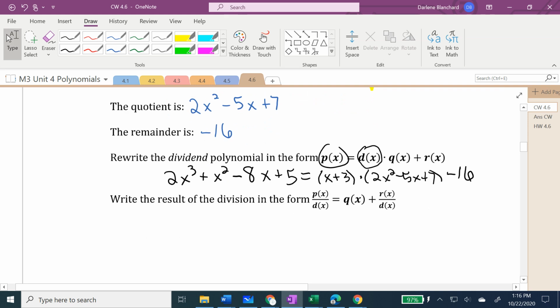So this is saying that you are taking, and technically this is the dividend, but I do not want to get caught up into too many vocabulary words, the polynomial that got divided, 2x cubed plus x squared minus 8x plus 5. It was being divided by x plus 3.